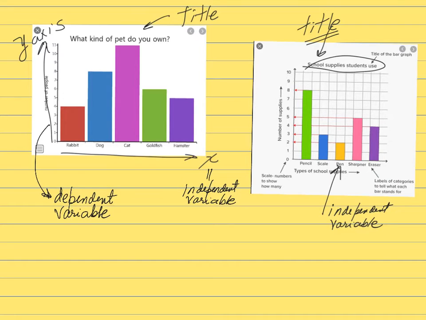Another information that you can get from a bar graph, look over here. Different types of animals, okay? But what is the animal that most people have is super easy. See, that's what we use graphs for, because if you put this information on a table, you're not going to be able to see that.